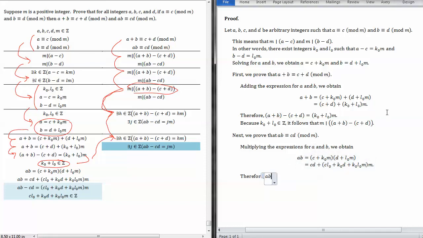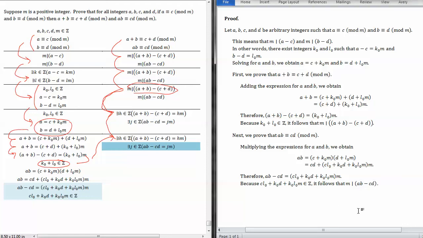So we can say, therefore, ab minus cd is equal to this big mess here, which I can copy and paste. Because this big factor here is an integer, it follows that m divides ab minus cd.